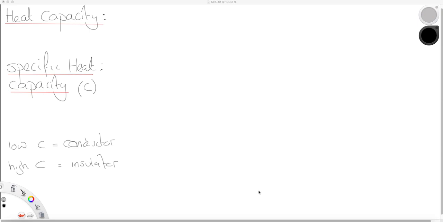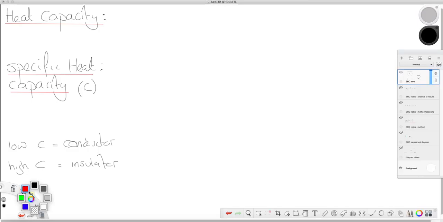So, looking at heat capacity and at specific heat capacity, I thought I would start with heat capacity to draw the distinction between that and specific.